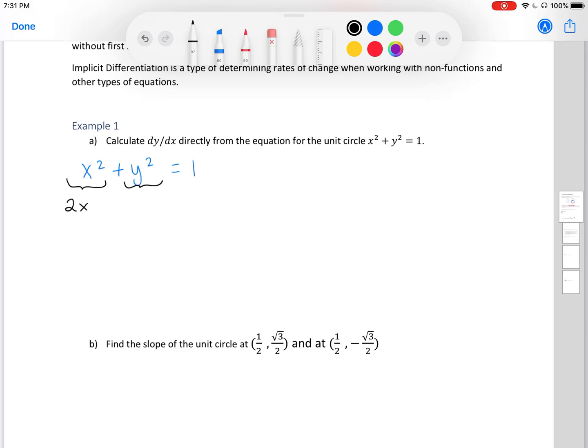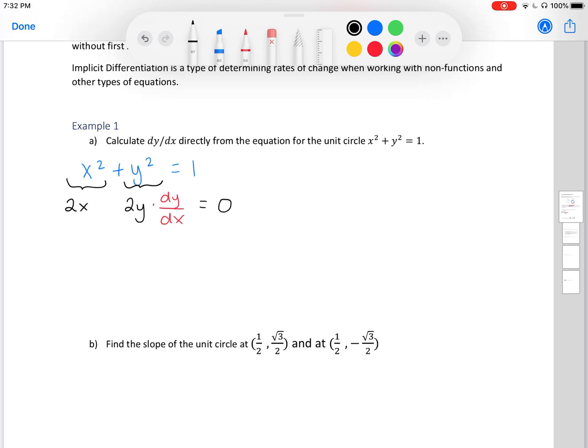Now what about with a y? Now this is what's new to this section. We take the derivative of y as you would x, so we have 2y. But because we're finding the derivative in terms of x, and this is a y, we're going to add a dy/dx. Lastly, the derivative of 1 is 0.